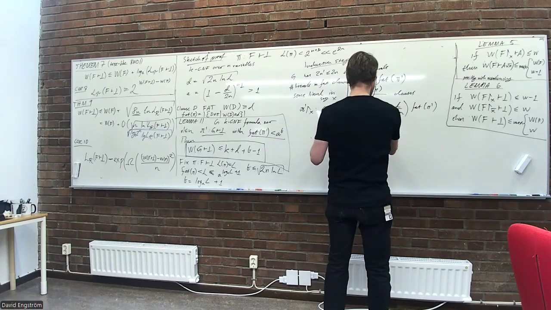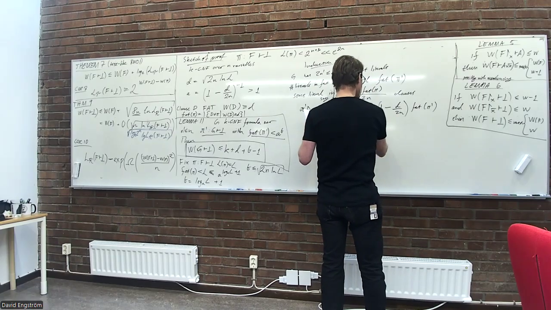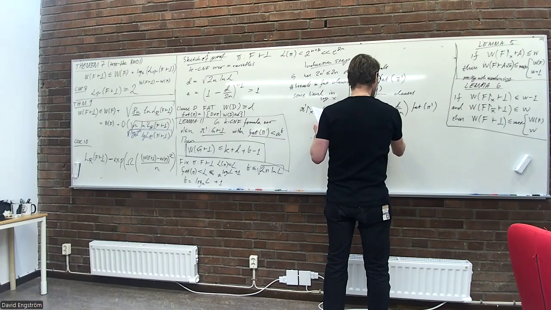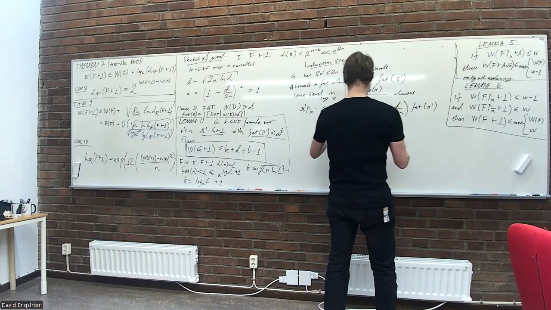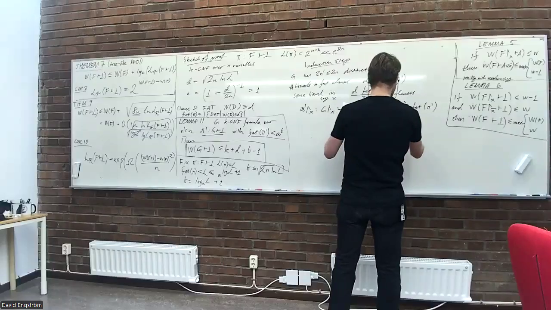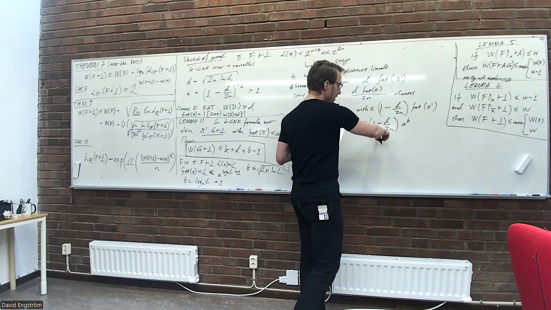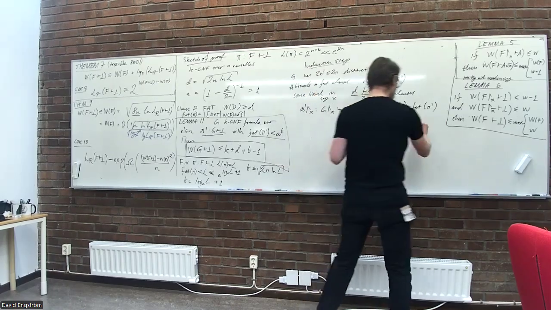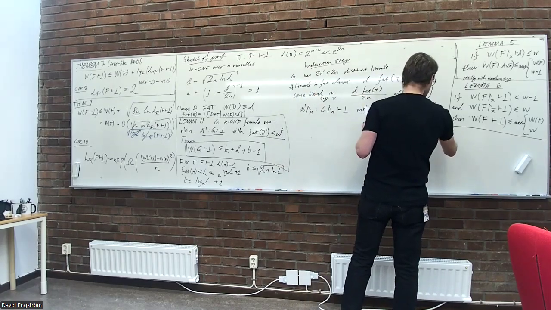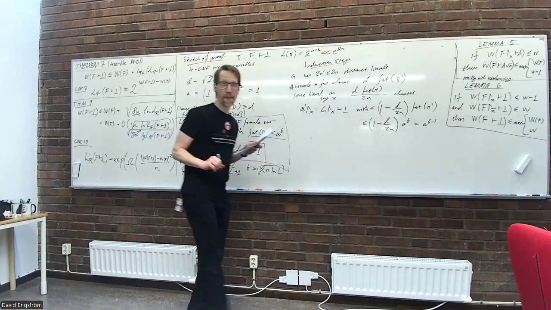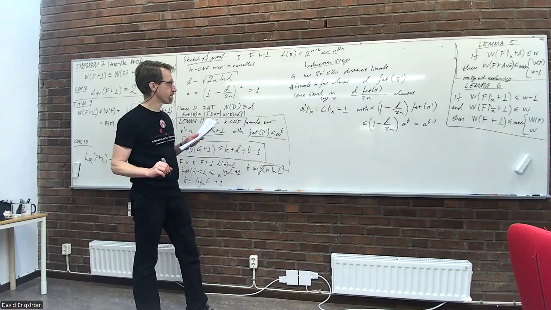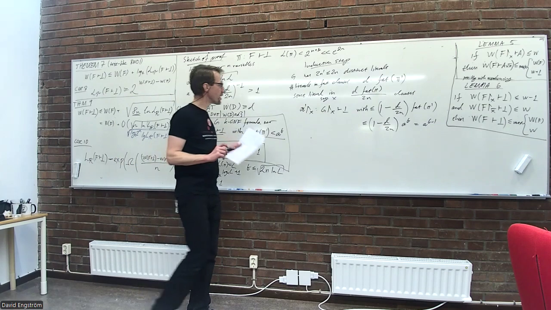which is 1 over d to the 2n times at most a to the b, and this is a raised to the power of minus 1, so this is a to the b minus 1. And now we're going to play the same game.